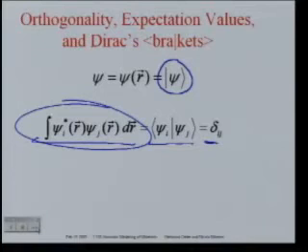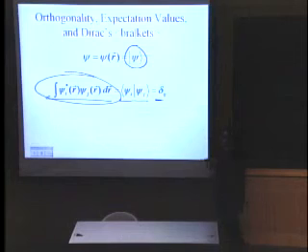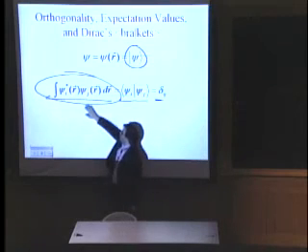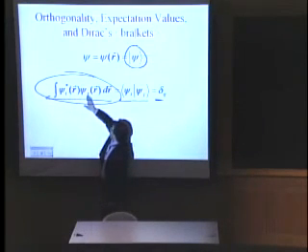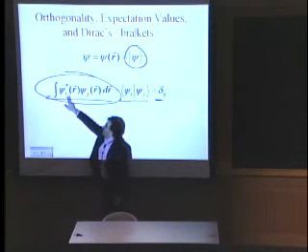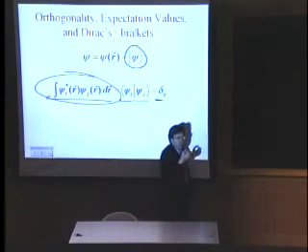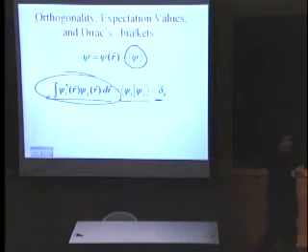And you see why it's equal to 1 if i is equal to j, because remember, what is psi i star times psi i? Well, it's just the square modulus of psi i. So psi i star times psi i at a certain point r in space gives me the probability of finding the electron at that point in space.